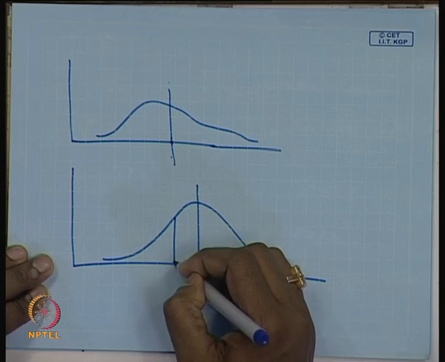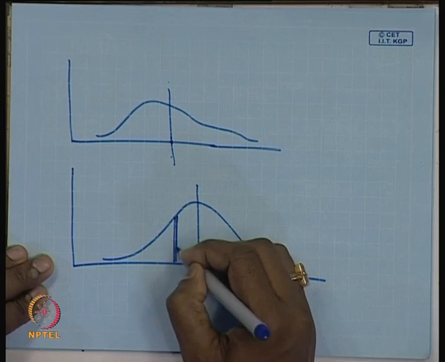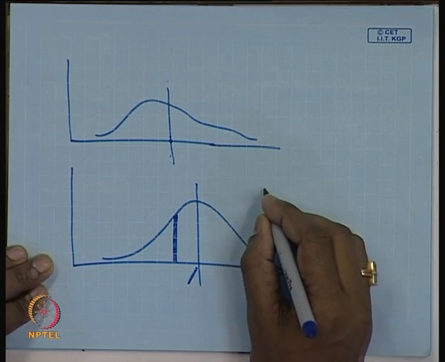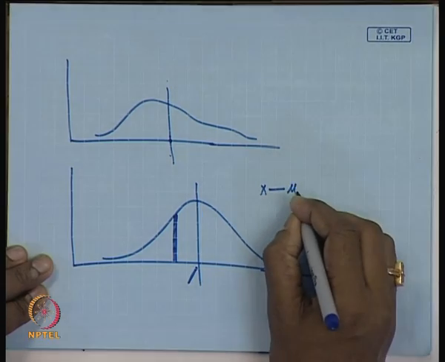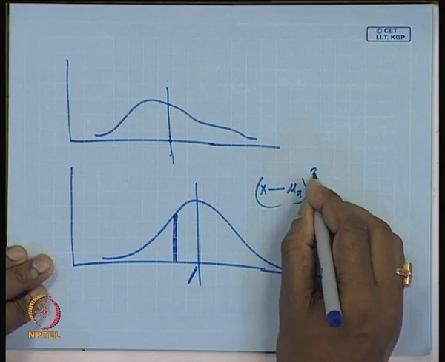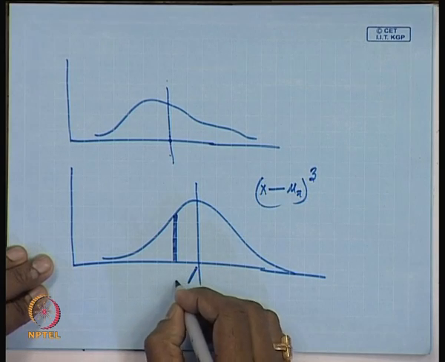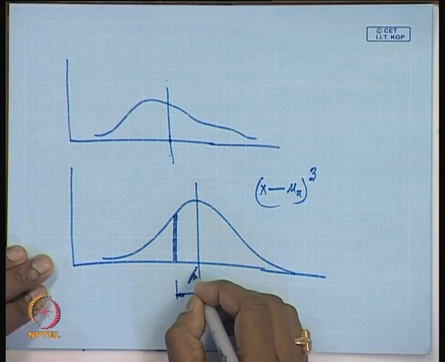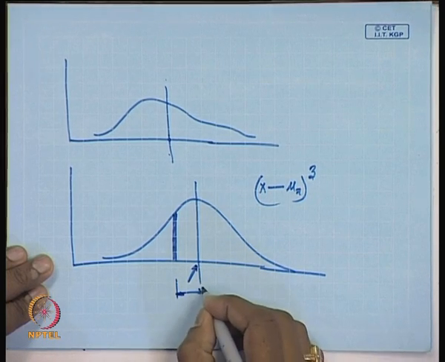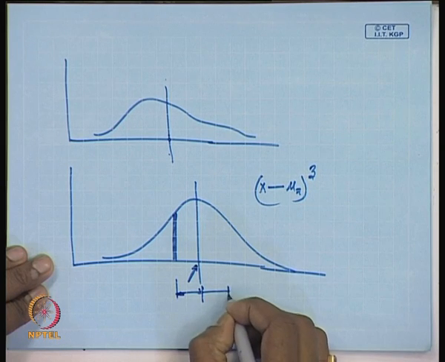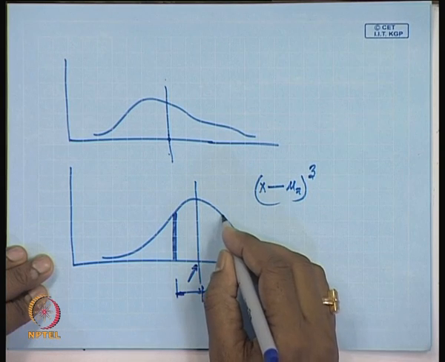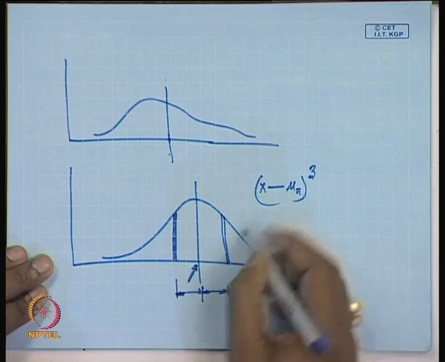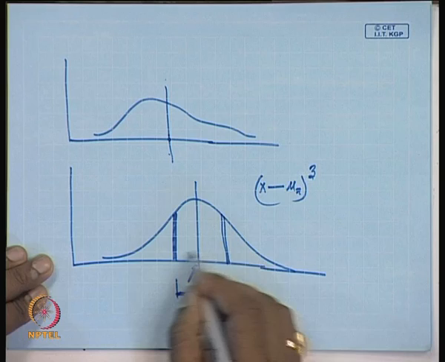We are taking a small area at a distance x minus mu x, and this power is cube, so whether it is on the negative side or on the positive side with respect to the mean, being symmetric and with the power 3, these two cancel out.